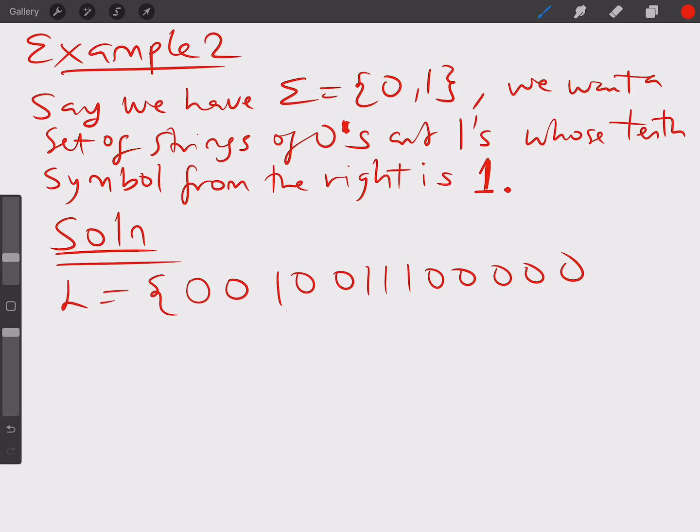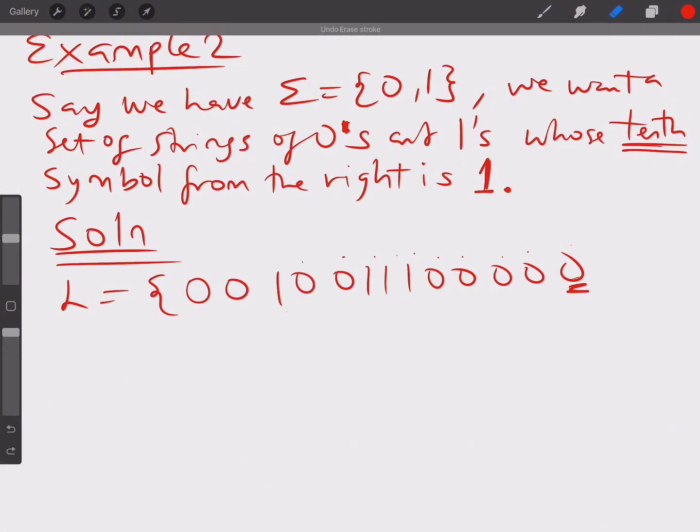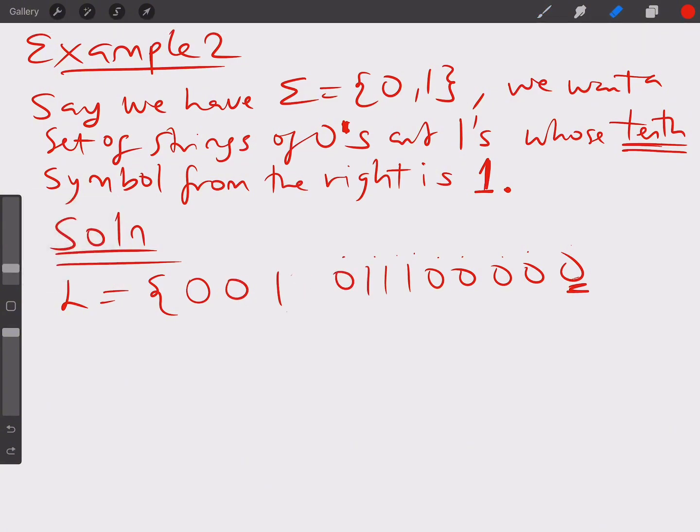Whose 10th symbol from the right, we are counting from here, is 1. So 1, 2, 3, 4, 5, 6, 7, 8, 9, 10. We have to make that a 1. Okay. So we have a 1.